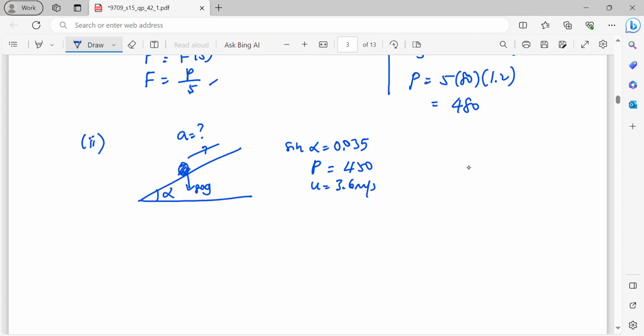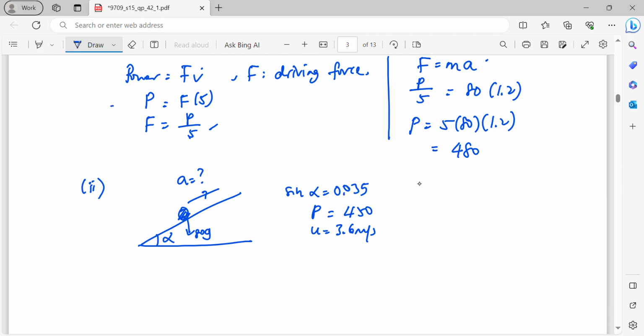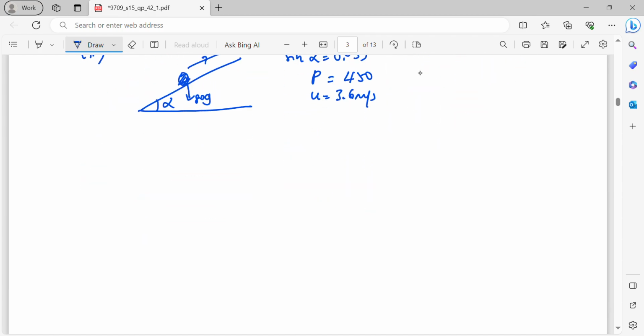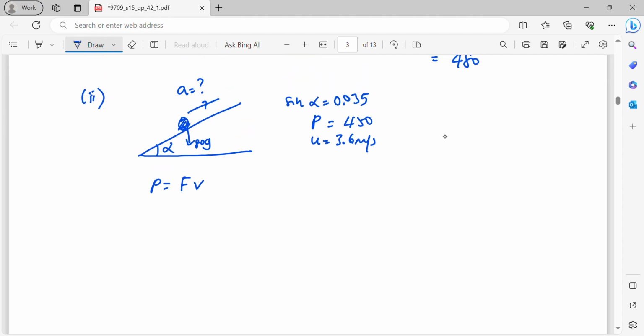So now you need to find what is the A. Same as just now, you have to redo for the power. So now P equals F times V, where F is the driving force.